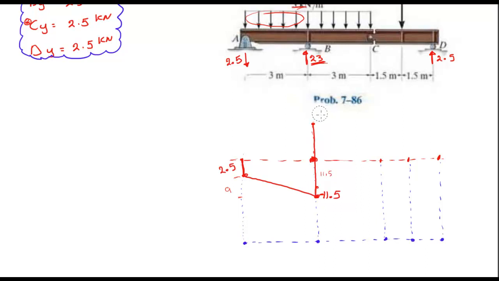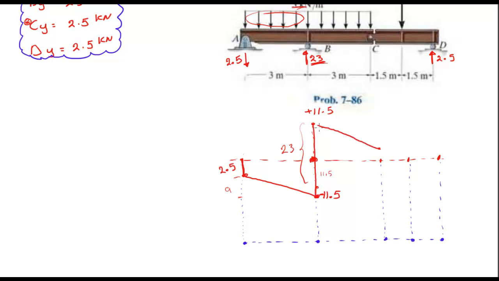The whole jump is 23. This thing is 11.5 in the positive. I was at negative 11.5 plus 23, so I get positive 11.5. So I'm going to drop to this point in a straight line like this.